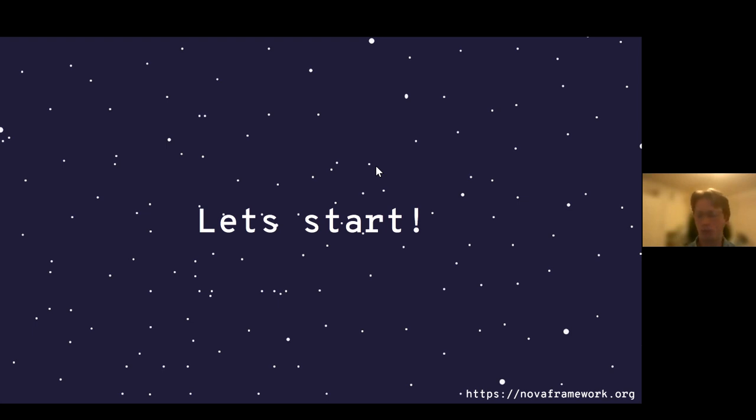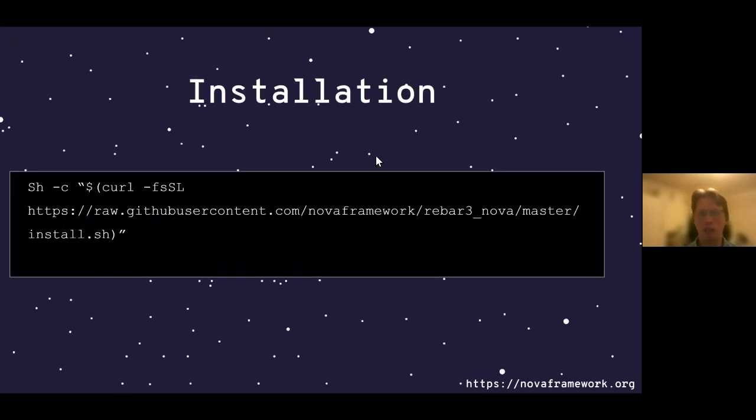So with that, we have created an installation script. What this will do when you run it is add a rebar3 plugin that is called rebar3 Nova. And with this plugin, you get templating. So you can create a new Nova application without doing a lot of things.